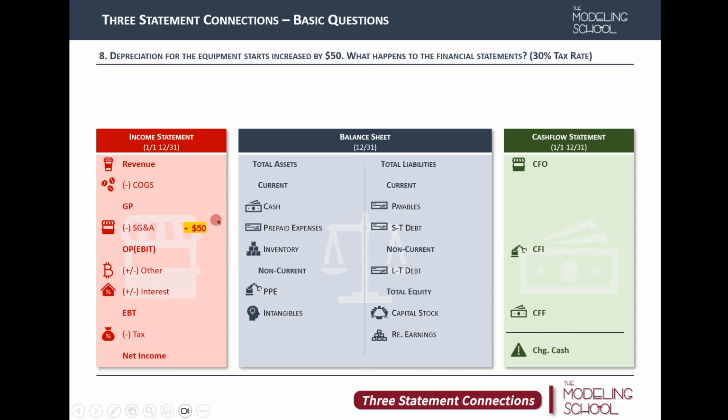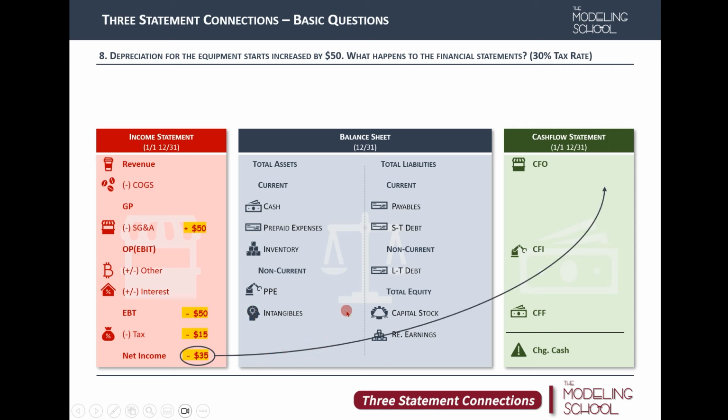So an increase in operating expenses worth 50 would decrease operating profits and earnings before taxes as well. We've assumed a 30% tax rate, so tax would be deducted by 50 times 30%, which is 15. And as a result, net income would be down by 35.